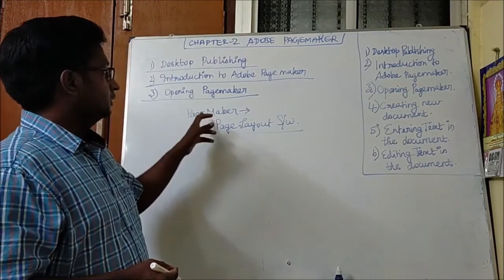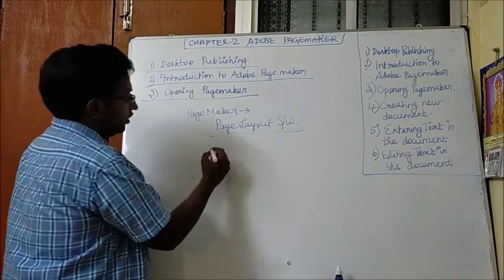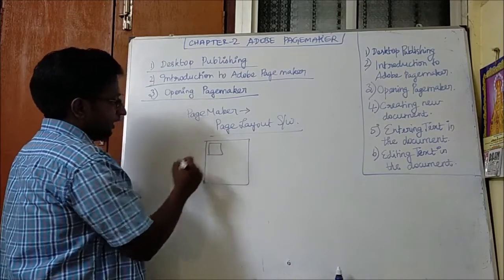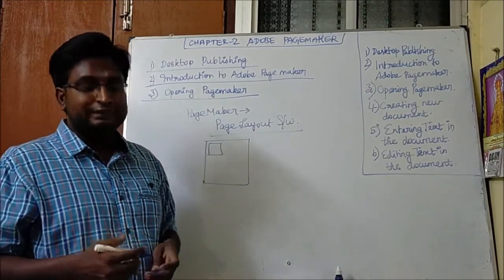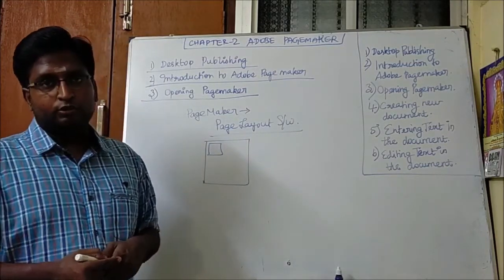So using this tool, Adobe PageMaker, the user can create a predefined layout. Say, for example, the user wants to create a newsletter or a magazine. He needs various types of layouts.